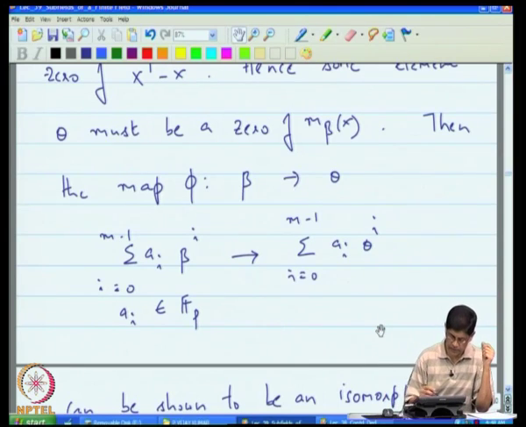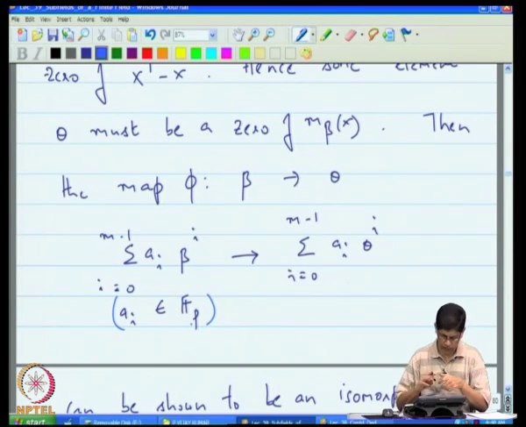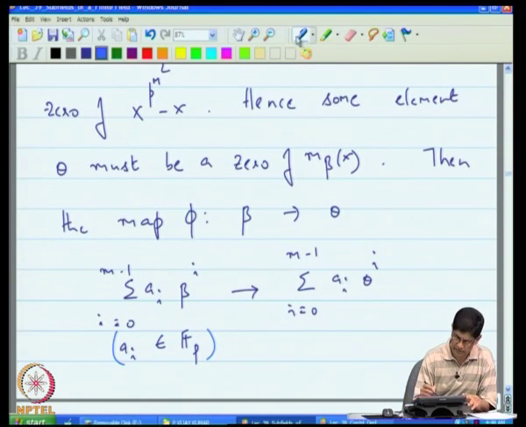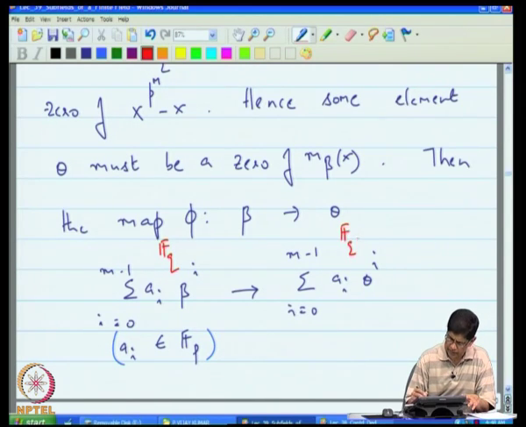Of course, it goes without saying that the a_i belong to F_p. So, it can be shown that this is an isomorphism. Just to emphasize, what we have on the left is the finite field F_q, and what we have on the right is the finite field F_q dash.